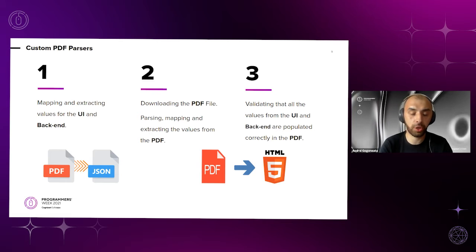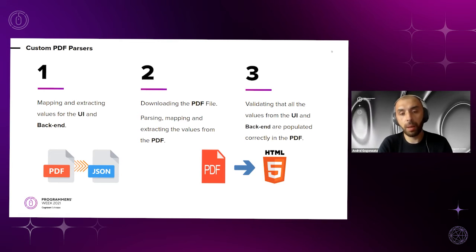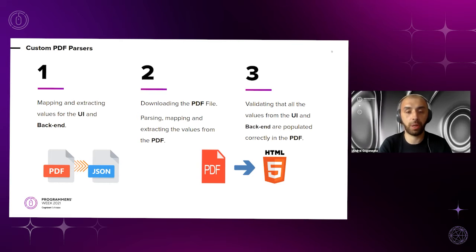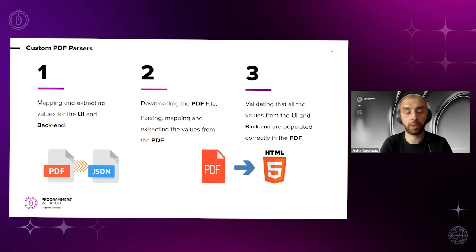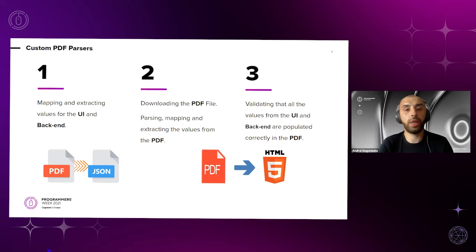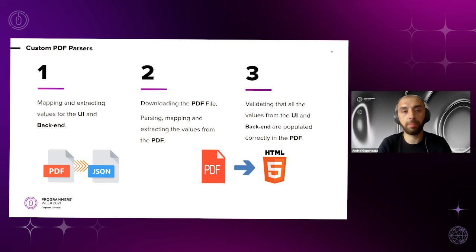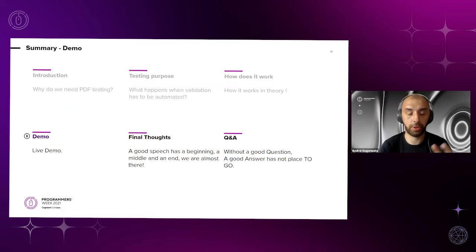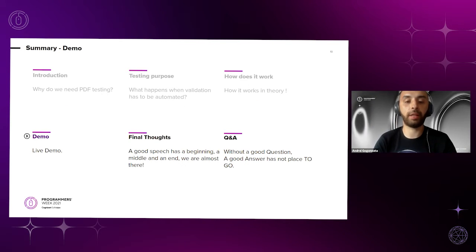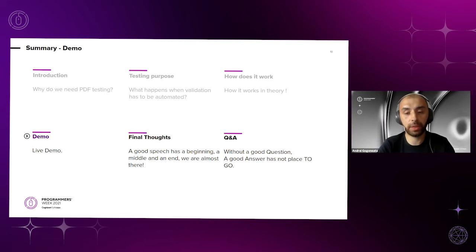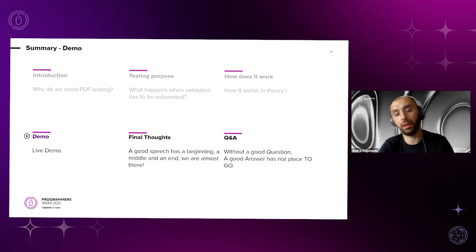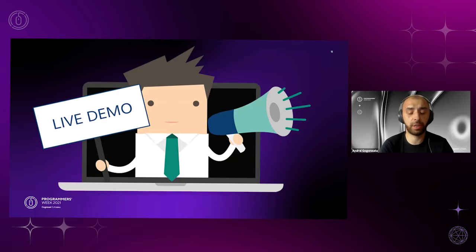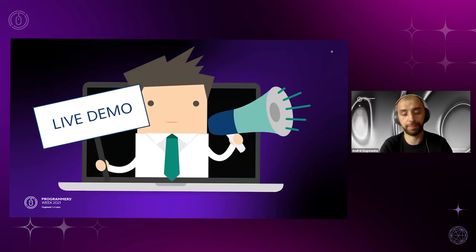The only solution we found and applied was to convert the PDF to an actual HTML. After we converted the PDF to HTML, we started mapping all the locators on the HTML page, meaning the PDF. After we mapped all the elements on the HTML, we extracted the information and converted it to the JSON format.